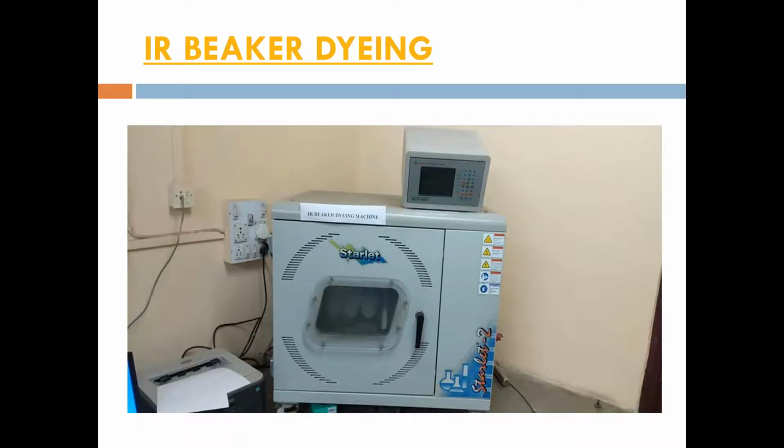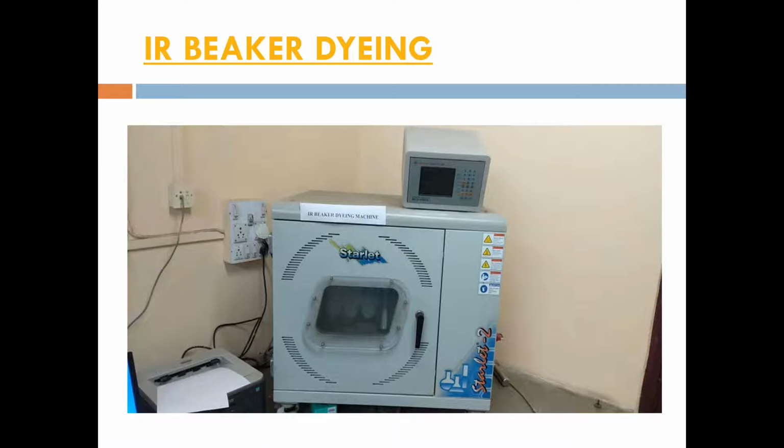Now this particular machine is a laboratory dyeing machine, particularly for polyester fabric. Polyester, as you know, is dyed in a closed vessel under pressure at a temperature of 130, and pressure is always there because it is very high temperature, high pressure dyeing.